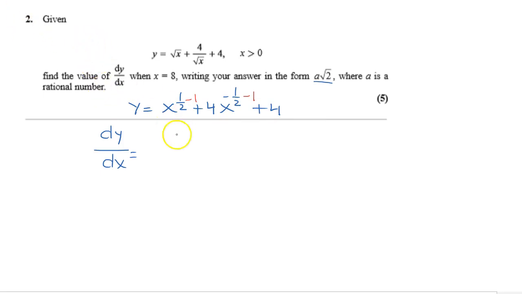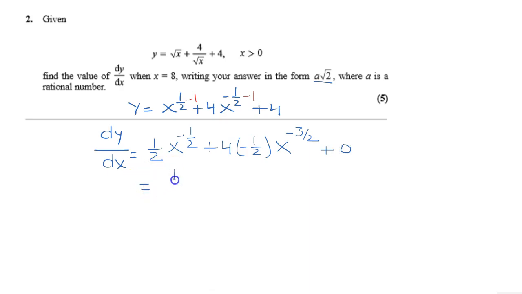So dy over dx will be, first we multiply these numbers, so this will be half x to the power half minus 1 is minus half, plus 4, we multiplied by minus half, x to the power minus half minus 1 is minus 3 over 2, and the differential of 4 is 0.